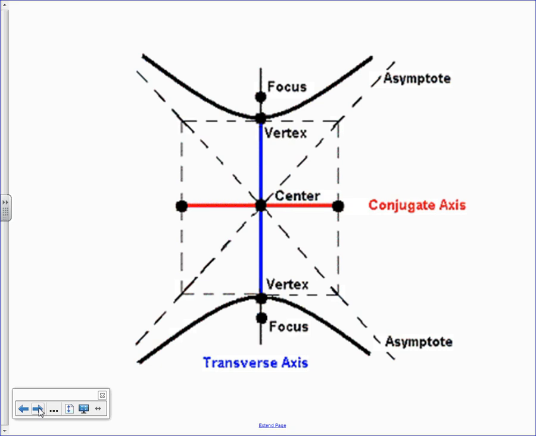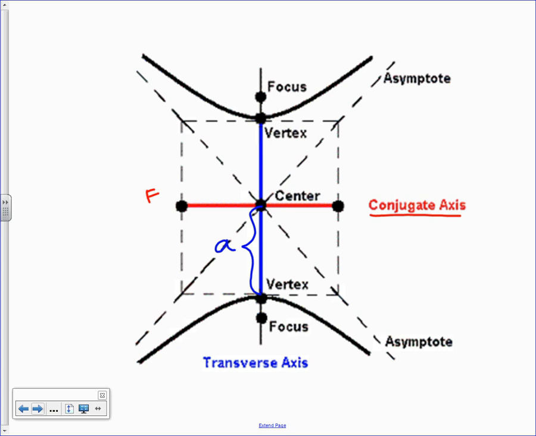This blue axis is your transverse axis. Half of that is your A value. Then you have this other red axis, that's your conjugate axis.